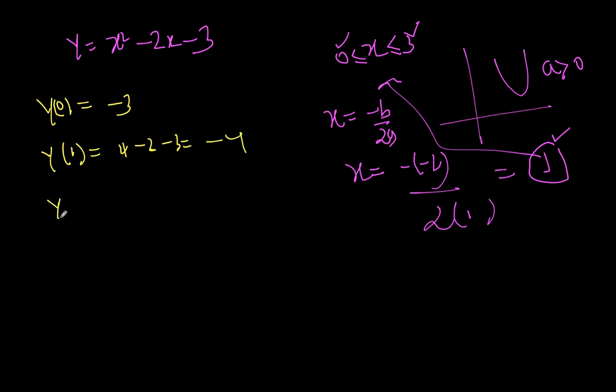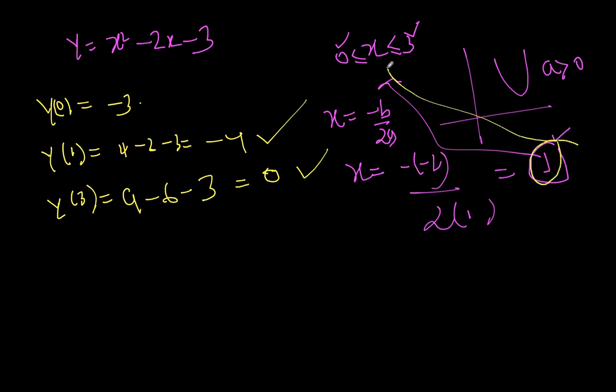And also put x equal to 3, so you will get 9 minus 6 minus 3, that is 0. So you can see that your minimum is minus 4 and your maximum is 0. So if minus b upon 2a is inside the domain, you have to find the value at all these 3 points.